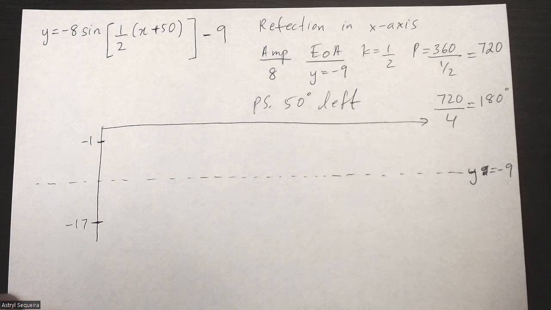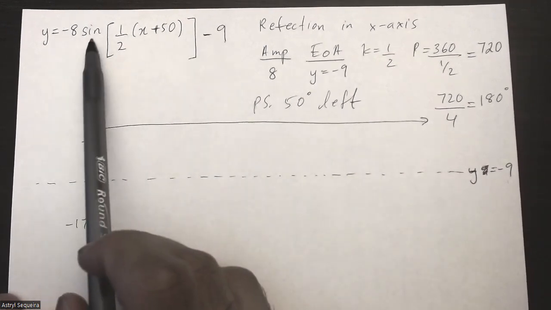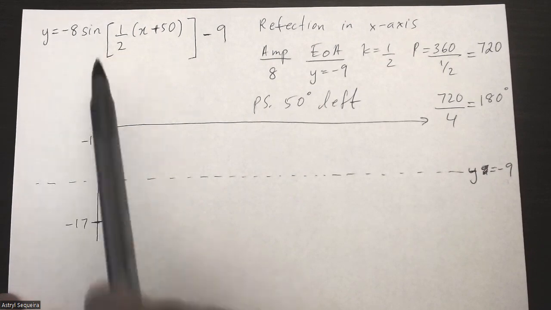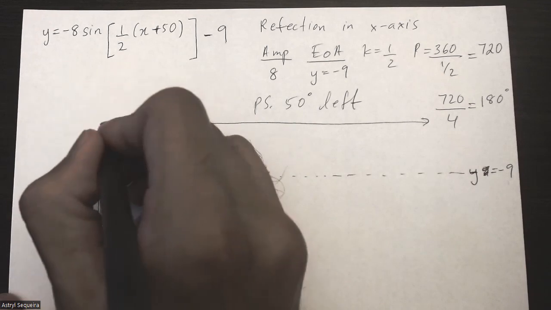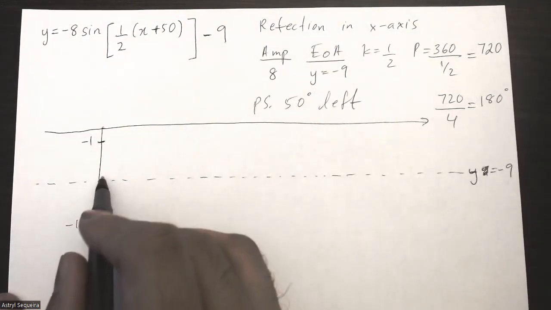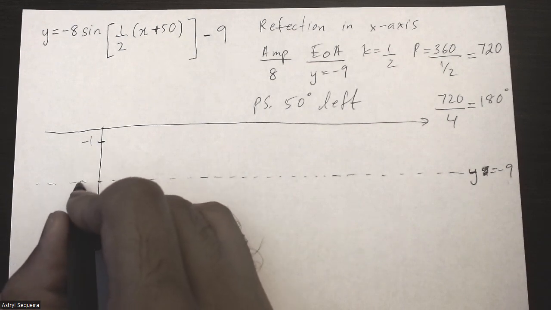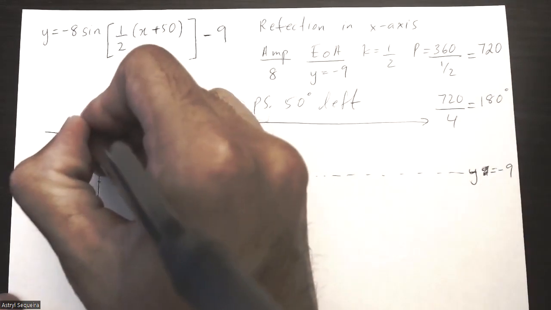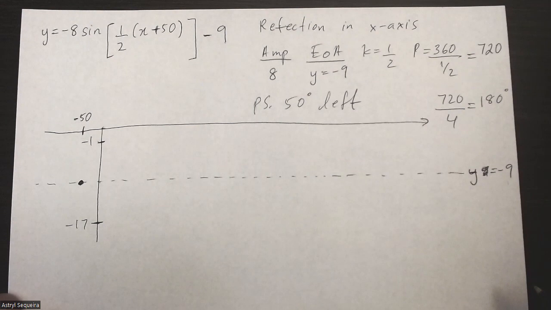So now I'll label my first key point. So for a negative sine graph, it starts on the axis, but it's phase shifted 50 degrees to the left. So if I go 50 degrees to the left from my starting point here, it's going to be somewhere over here at -50 degrees.